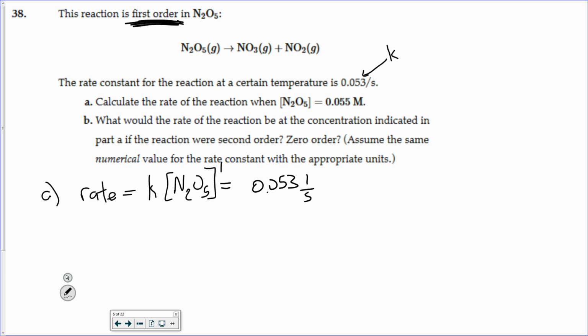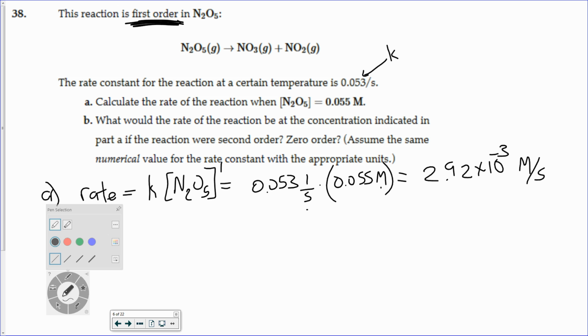It has units of inverse seconds, times the initial concentration, 0.055 molar. Multiply those two things together, and I'll have the rate of the reaction: 2.92 times 10 to the minus third. The rate is going to be molar per second, and I've got molar over seconds, so that's what I expect to find. All right, so that's A.